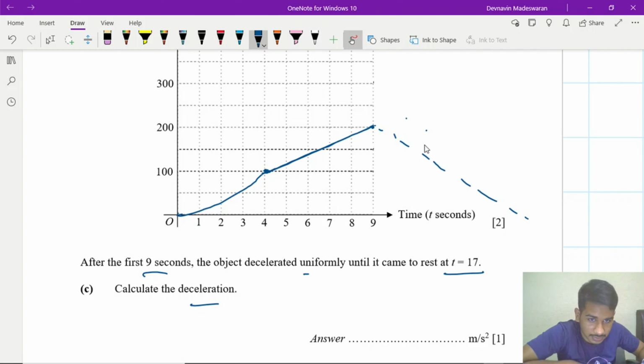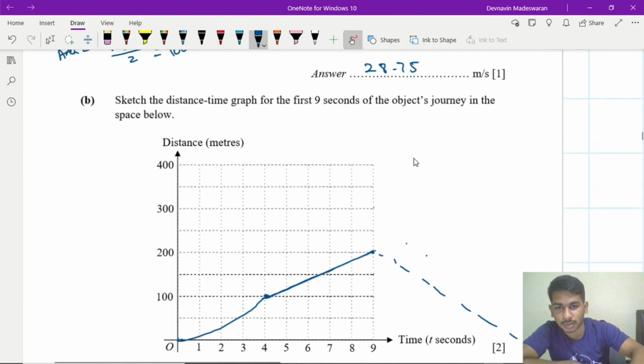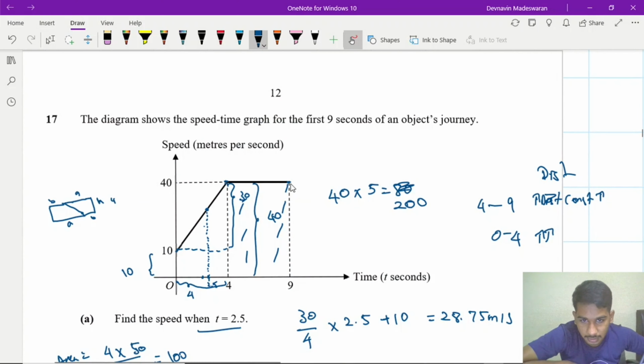Deceleration is the rate of change of speed. After 9 seconds, it's going to go straight down at 17. They're asking for the slope, because that's acceleration and deceleration, the rate of change of velocity.